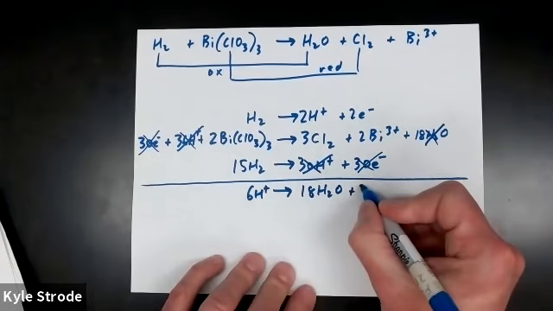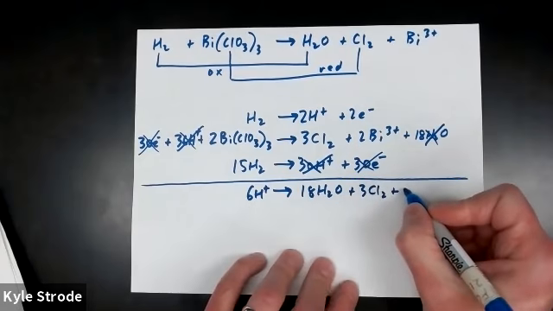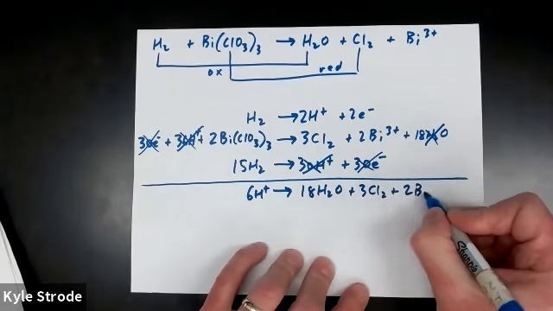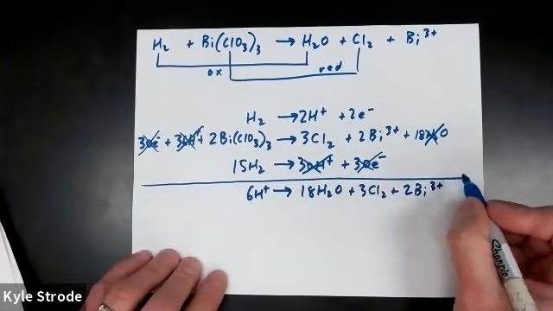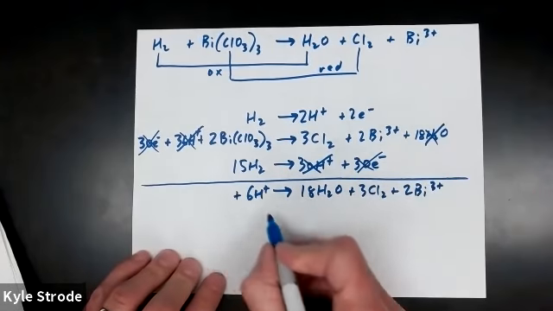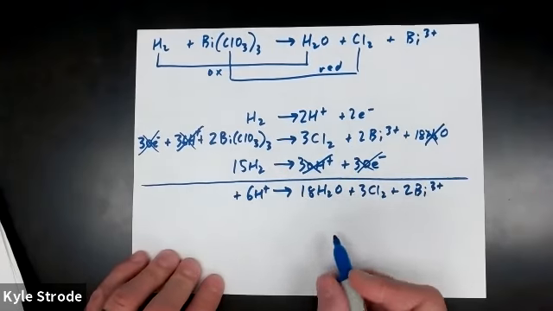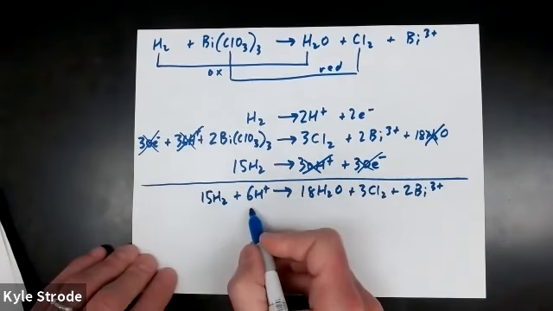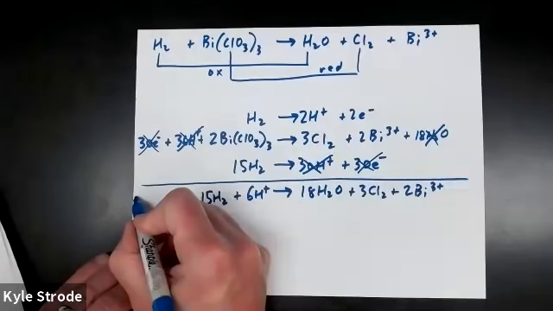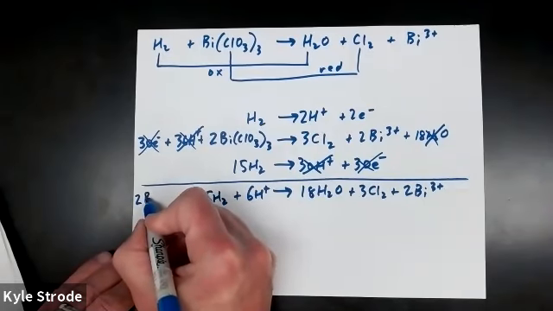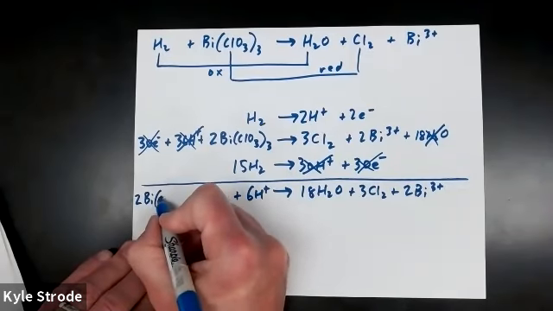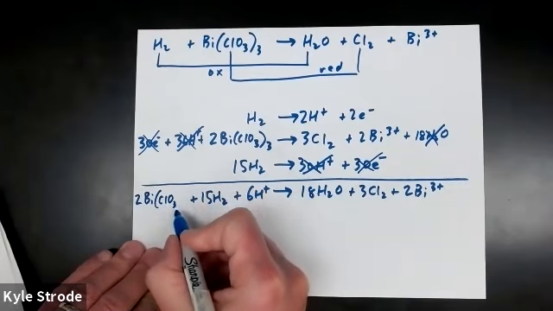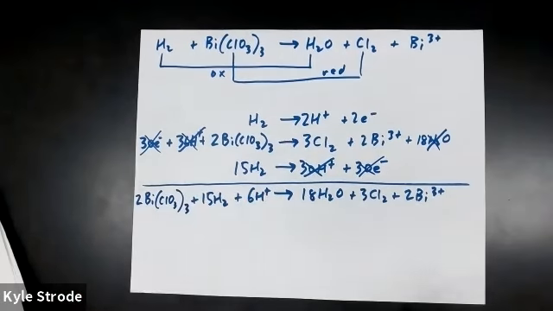So 3Cl2, 2Bi3+, and then 15H2, and then 2BiClO3, 3.